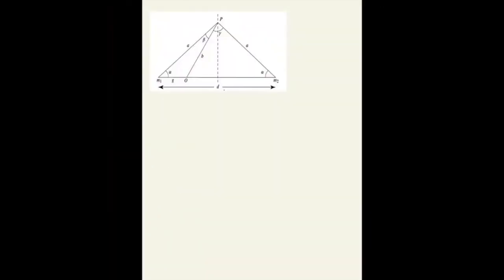Let's go back to the geometry. We have this triangle from M1 to P to O and back. If you apply the cosine rule to this, then you have b squared is equal to a squared plus g squared minus 2ag cosine of alpha. And because cosine of alpha is equal to d over 2a, then this is a squared plus g squared minus g times d.